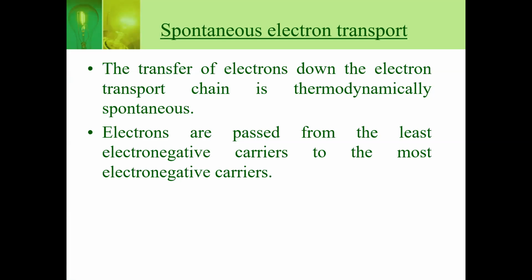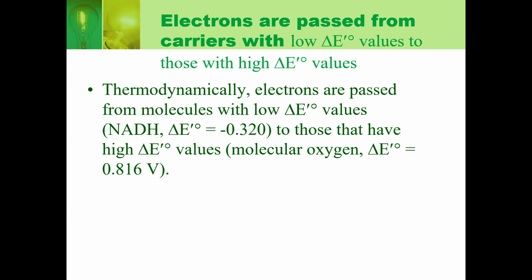And then you can see here, you go from NADH, which has a standard biochemical reduction potential of minus 0.32 volts. I didn't put the volts in there, I should have, sorry. To molecular oxygen, whose delta E0' is plus 0.816. That's pretty spontaneous, thermodynamically speaking.